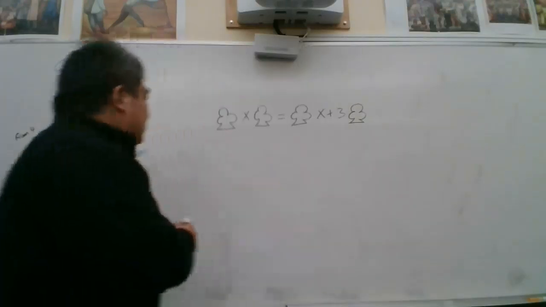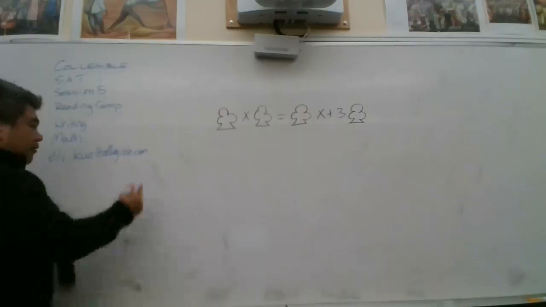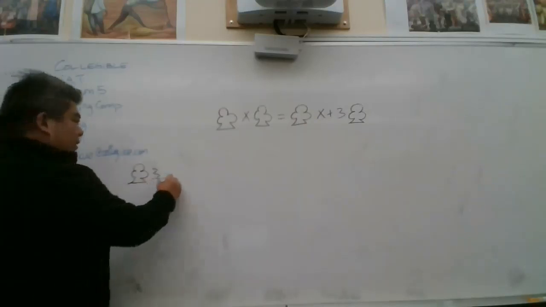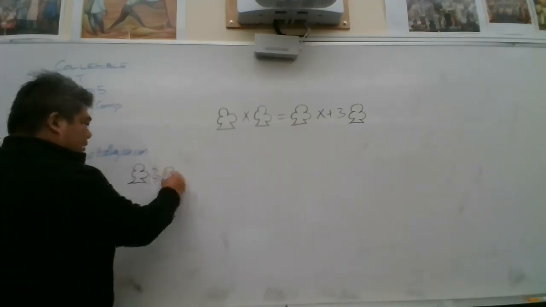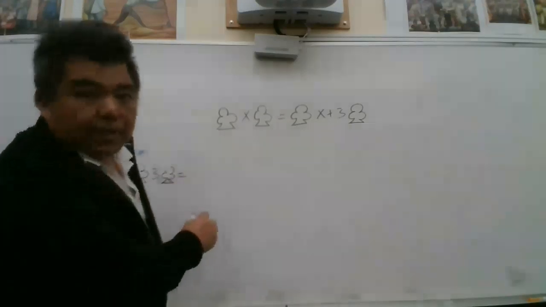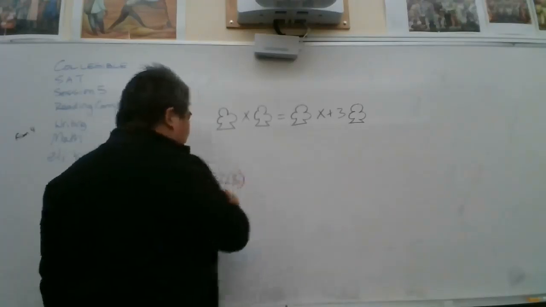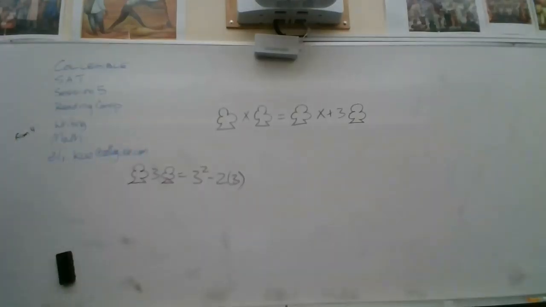So, if it was club 3, you would say 3 squared minus 2 times 3. But they're not giving us numbers. They're giving us x, and they're giving us x plus 3. That's so tricky.